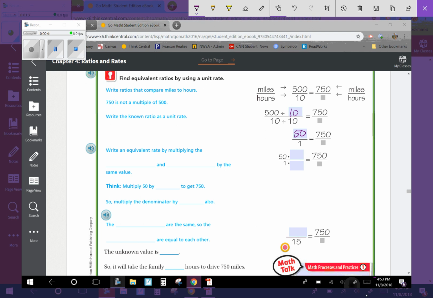From here, we can write an equivalent rate by multiplying the numerator and denominator by the same value. So we need to think, multiply 50 by what to get 750? If you don't know that off the top of your head, just divide 750 by 50.